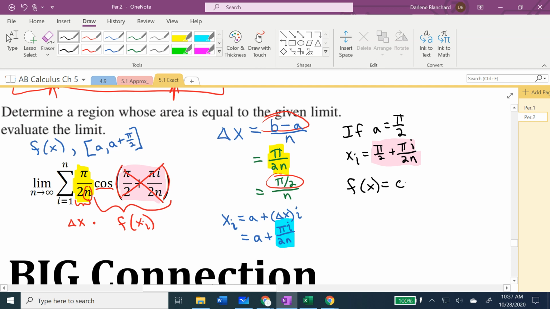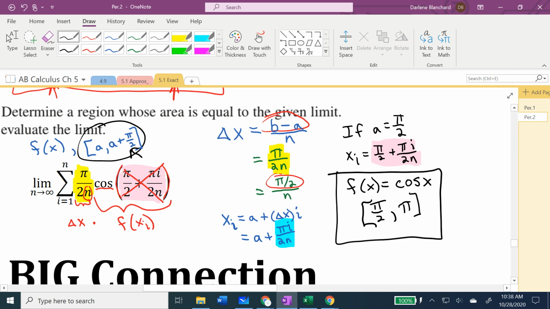The function is cosine x, because the x variable is going to have the x sub i formula plugged into it. And because I chose a to be pi over 2, then the interval that I am using is pi over 2 to 2 pi. And this is the answer.